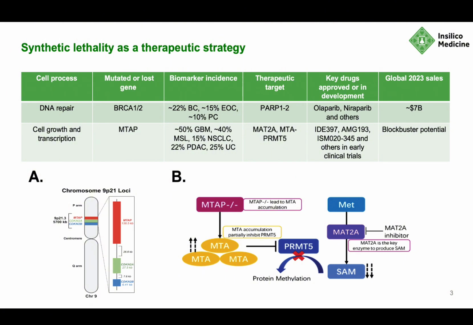And in MTAP deleted tumors, very high levels of MTA accumulate and inhibit PRMT5. And by targeting the MTA bound form of PRMT5, we can shut down that enzyme selectively in tumor cells, and kill them and spare the normal cells that do not have an accumulation of MTA.